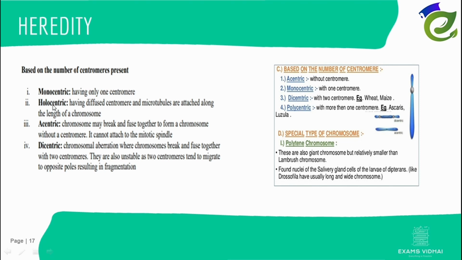Then holocentric have a diffused centromere and microtubules are attached along the length of the chromosome. Acentric chromosomes may break and fuse together to form a chromosome without a centromere. It cannot attach to the mitotic spindle. As I told you before, without a centromere, it's called acentric.